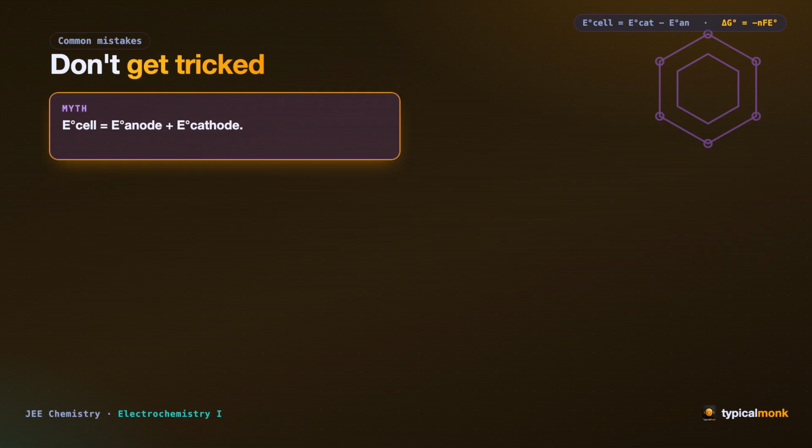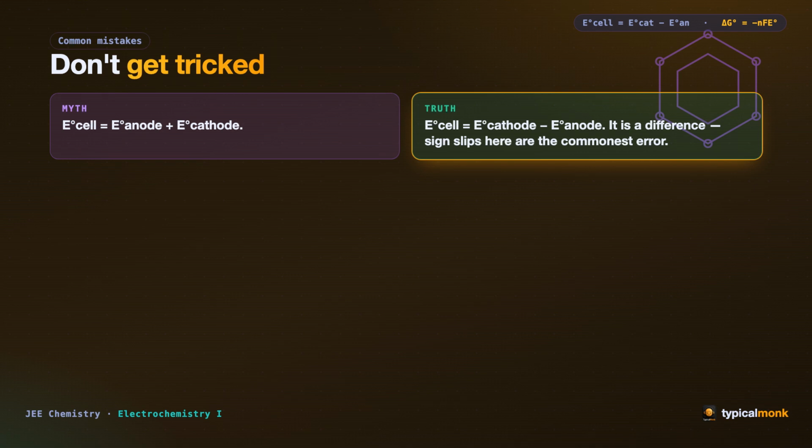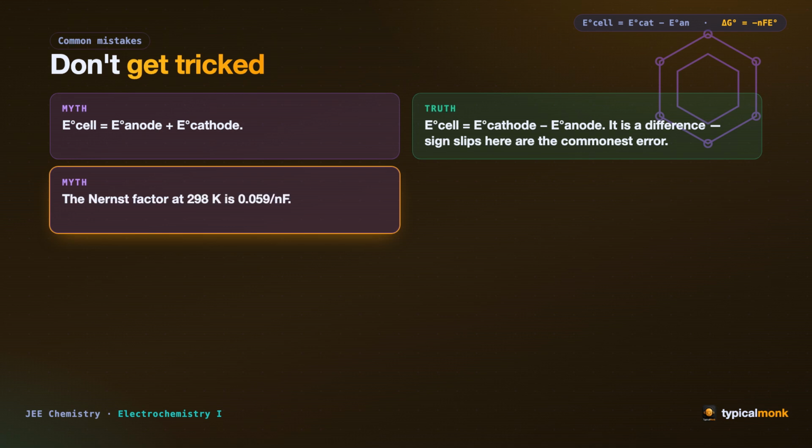Now the 2 mistakes that quietly cost marks. The myth, E cell standard equals E anode standard plus E cathode standard. The truth, E cell standard equals E cathode standard minus E anode standard. It is a difference, and sign slips here are the commonest error in the chapter. The second myth.